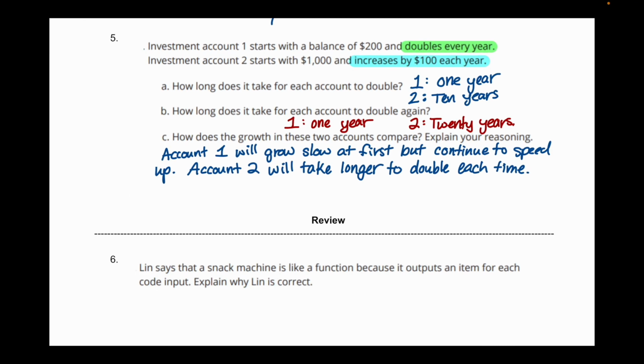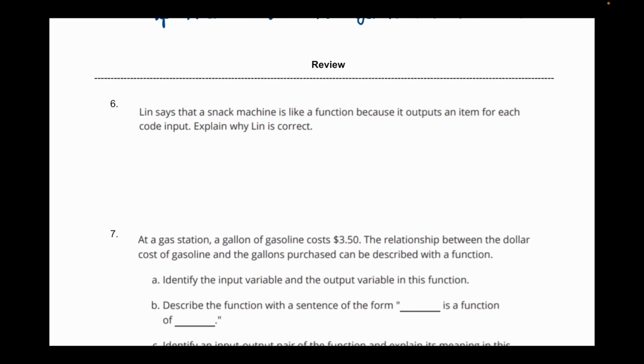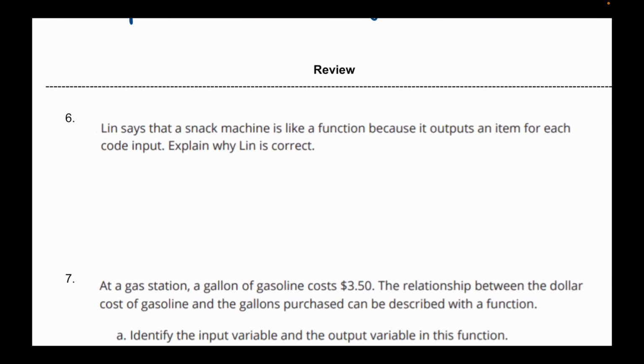And now we're on to the review questions. So for question 6, we have this one. So Lynn says that a snack machine is like a function because it outputs an item for each code that you input. So we want to explain why Lynn is correct. Well, this is from all the way back for the very first unit that we did this year, so unit 4 in lesson 1, and that was that every function has one input, give one output.